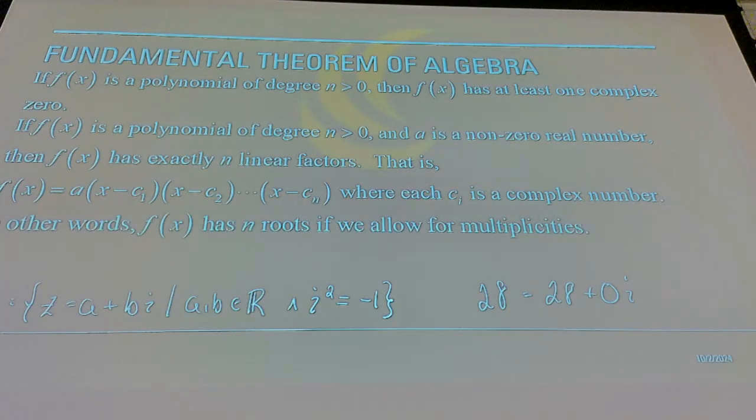In other words, your polynomial has exactly n zeros if you count multiplicities. That means if you're trying to find all the zeros of a 5th degree polynomial, when counting multiplicities, you're going to have 5 of them.